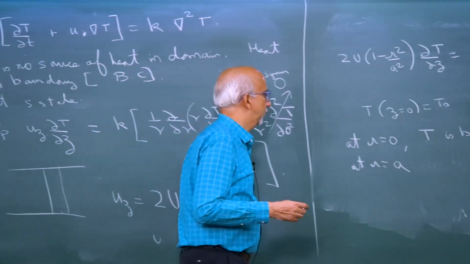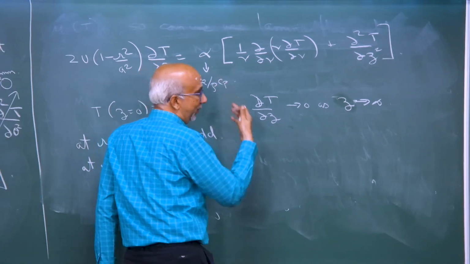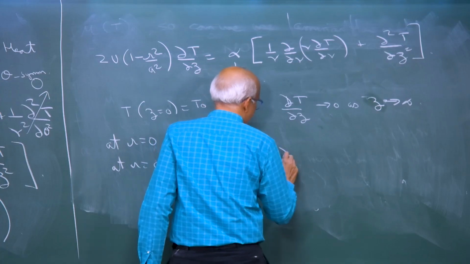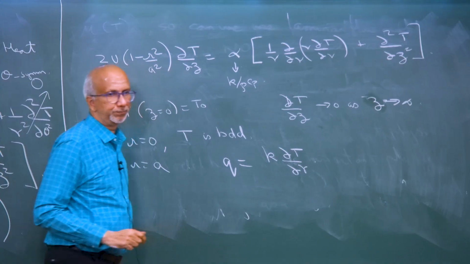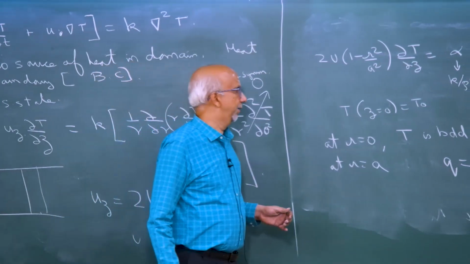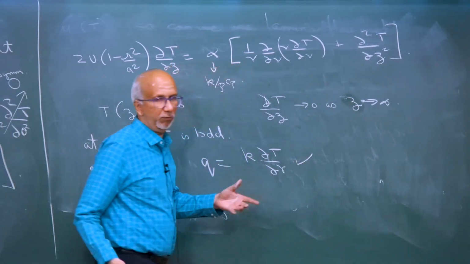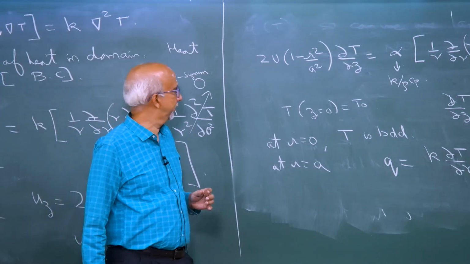So, I have Q, my heat flux, coming into the liquid. The flux is in the negative r direction, must be equal to K times dT by dr. That is your boundary condition. This is the one which is generating the heat for the liquid to get heated up.